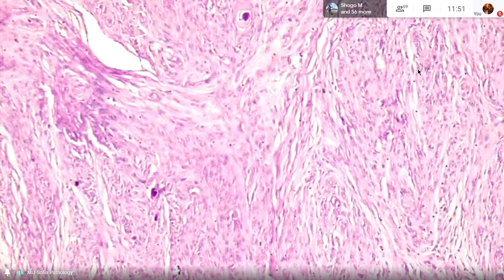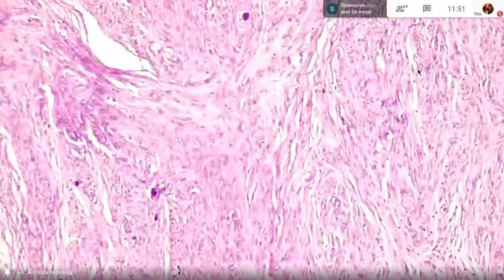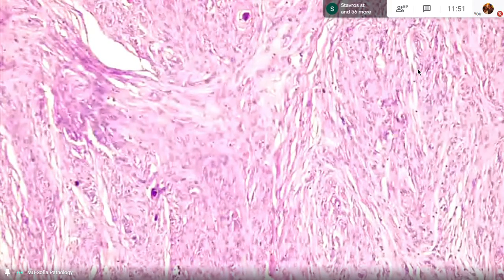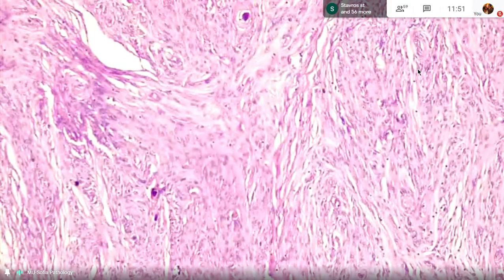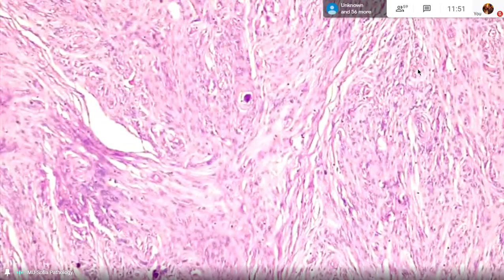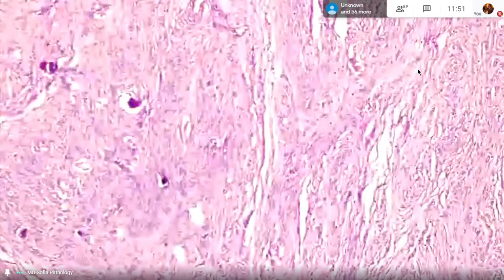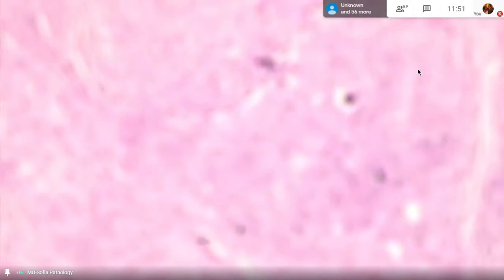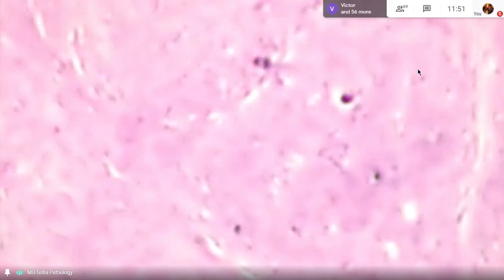And 2 or 3 in the lower right part of the screen. Do you see these violet things? Yes. What is that? Which mineral was violet in color? We discuss this every day. It's calcium. Yes. These are the psammoma bodies.